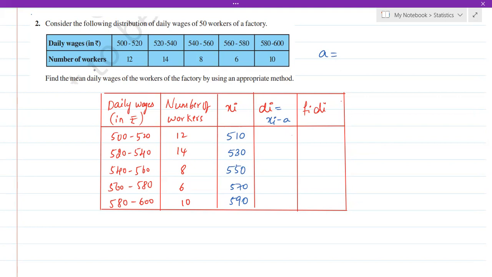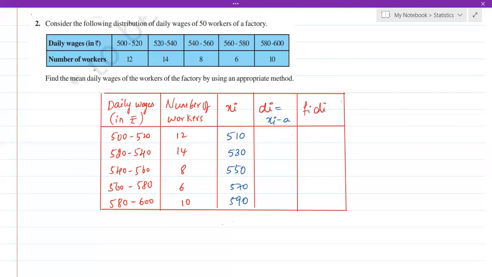Suppose you got an even number of data, that is, suppose one more value, 610, was there. Then you will get two middle values, 550 and 570. We'll choose the smaller one as the assumed mean. Here, the assumed mean is 550.